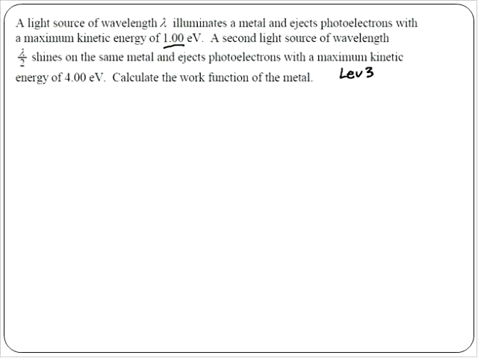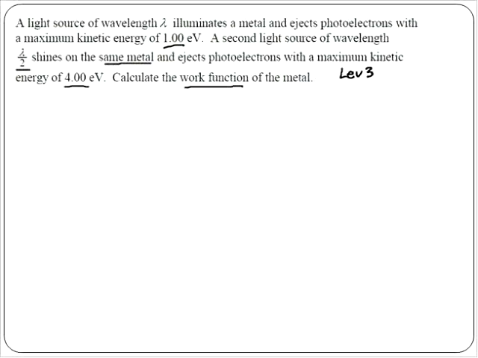Another light source with a different wavelength, that's only half, shines on the same metal and ejects photoelectrons with a maximum kinetic energy of this. So because it has a smaller wavelength, those photons have more energy, and therefore they give those electrons more kinetic energy. Okay, but we're asked to calculate the work function.